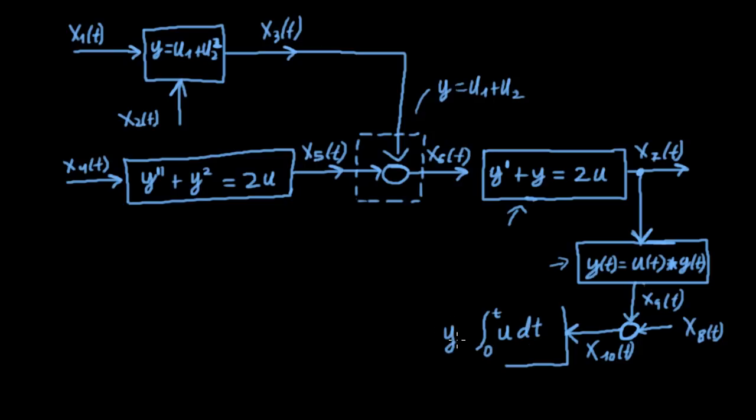This would be the output of this system. Okay, this system is just an integral, and its output would be, let's see, x11 of t.